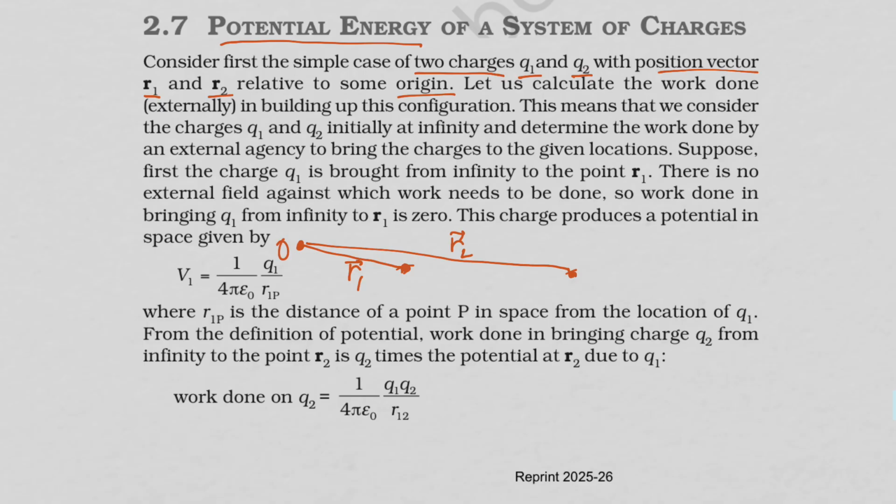Let's say we bring charge Q1 first from infinity to the point where the position vector is R1. To bring this charge from infinity to R1, there is no other charge here which will exert a force on our charge Q1.